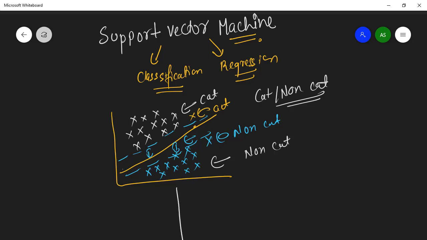So here are your white examples, and here are your blue examples, CAT and non-CAT. What it does is construct a hyperplane and two parallel hyperplanes like this.